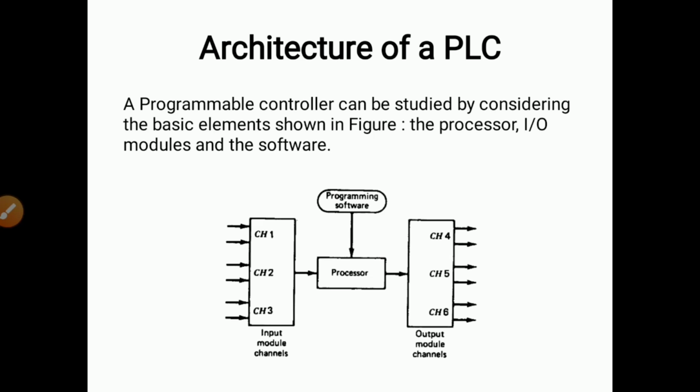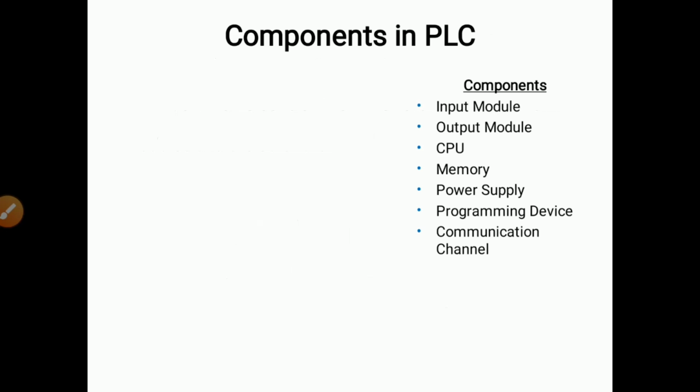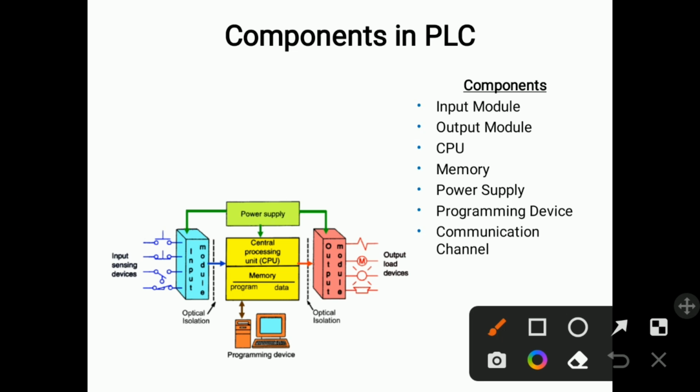So what are the components in PLC? The components are input module, output module, CPU, memory, power supply, programming device, communication channel, etc. So this is the diagram of PLC consisting of all these components.